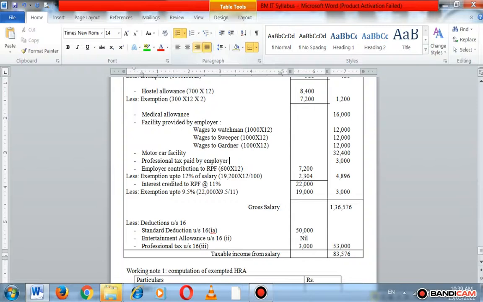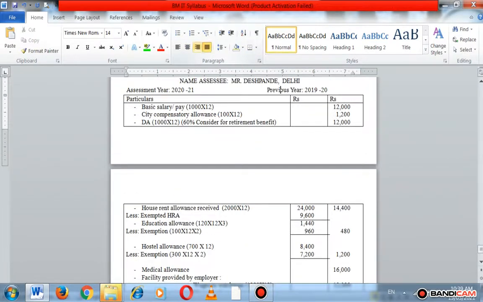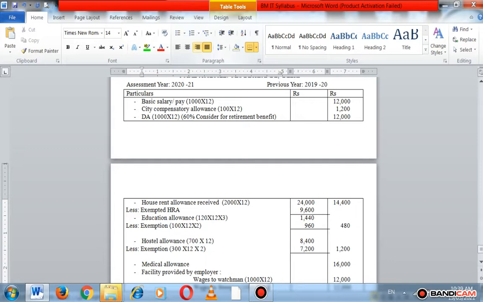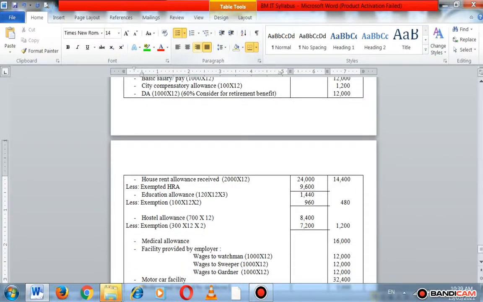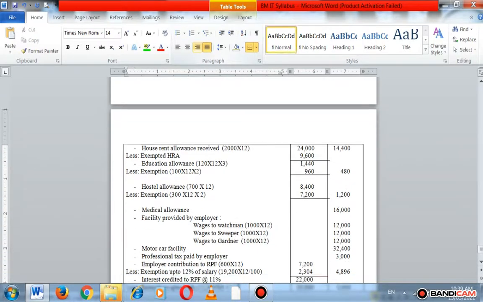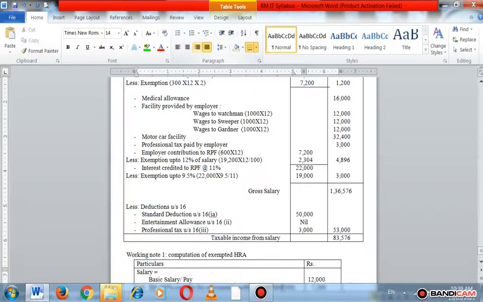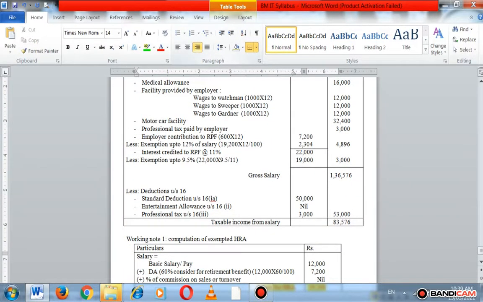Got it? So very easy. Remember the partly taxable, partly exempted allowances, fully taxable allowances, valuation of perquisites, taxable perquisites and exempted perquisites. You can easily compute income from salary. So income from salary is 83,576. In our next lecture we will solve the last problem on this topic, computation of income from salary, problem number 5. Thank you very much.